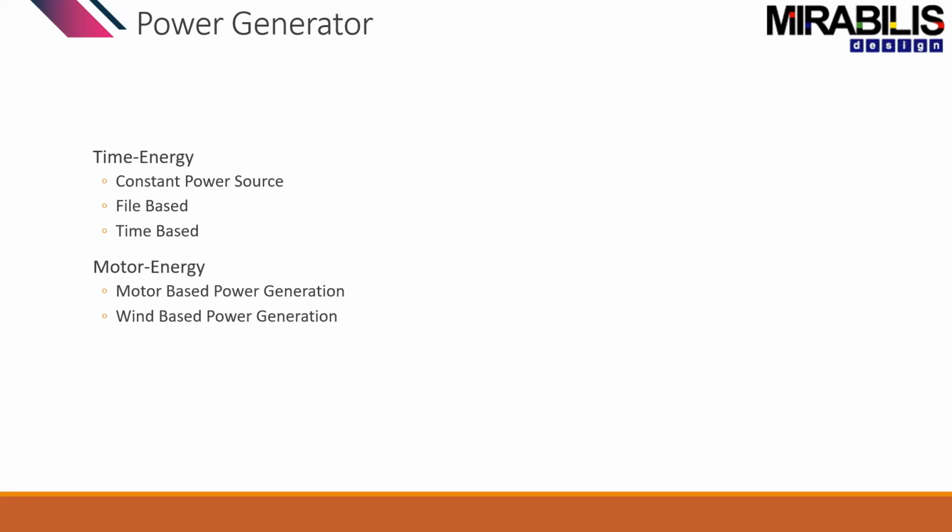Power generators are in two forms, time and motor based. And we have a variety of different parameters set up so that you can describe different types of power scenarios. It can be as simple as, I've got kinetic energy from a rotating device, all the way to, I've got a solar panel or a nuclear power plant. So we can support power generation for all of these.